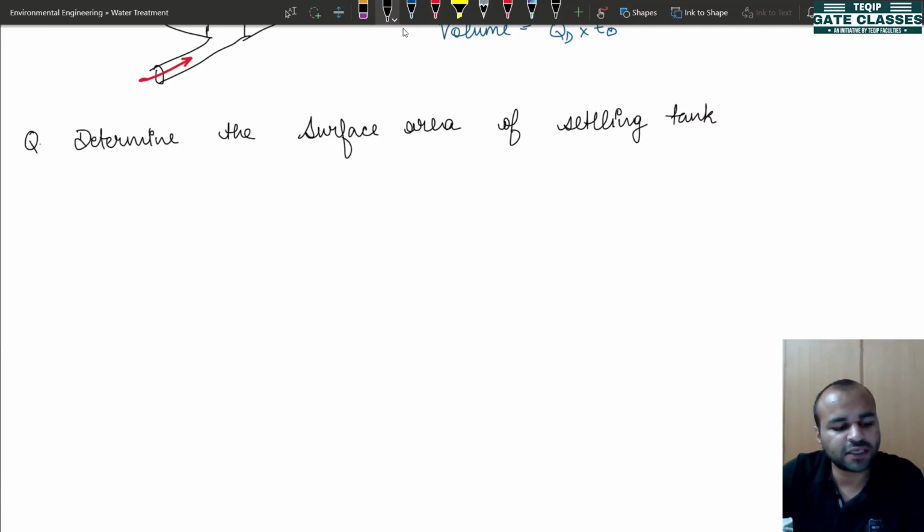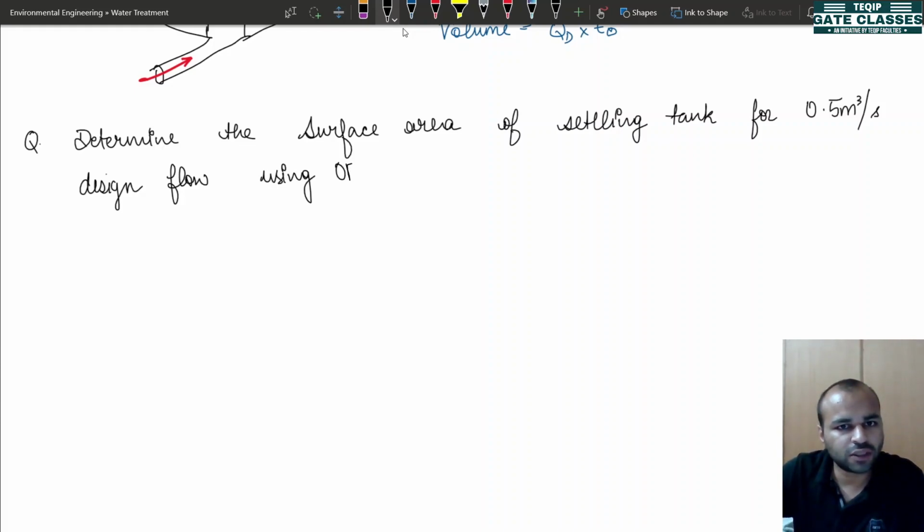Determine the surface area of the settling tank for 0.5 meter cube per second of design flow, using the overflow rate as 32.5 meter cube per meter square per day.